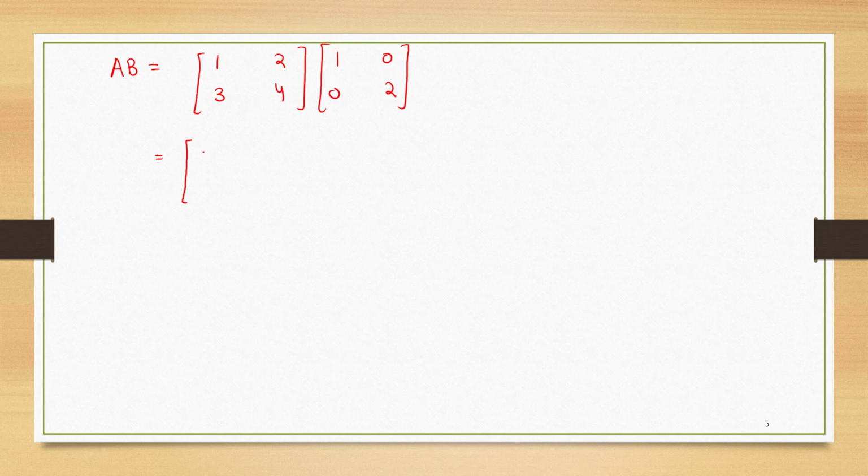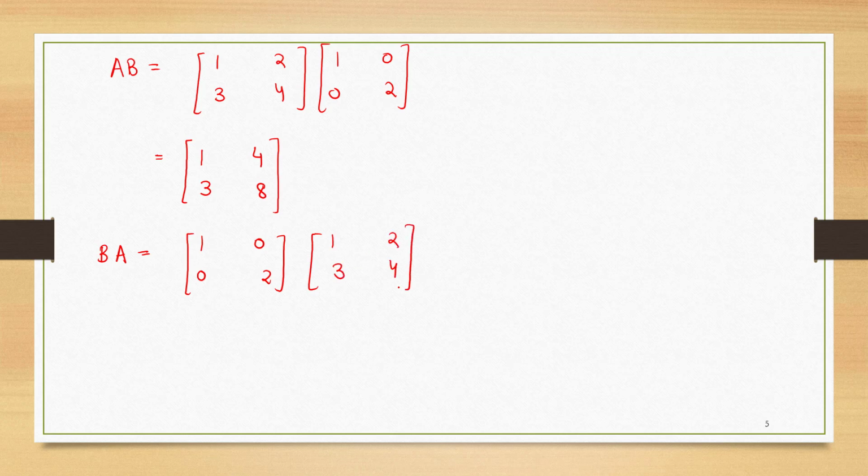So that will be 1, 4, 3 and 8. Now we see BA. BA is 1 0 0 2 multiplied by 1 2 3 4 and this is equal to 1 2, 6 8. See, AB and BA are not the same.